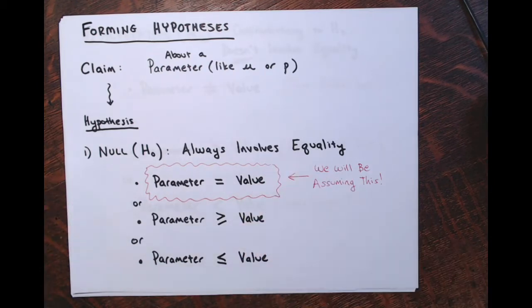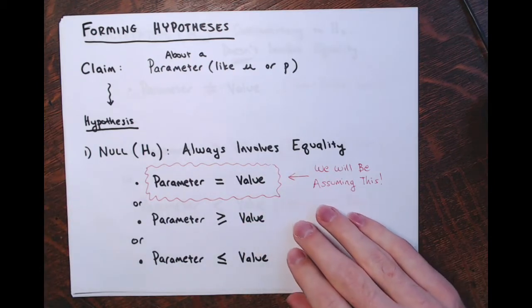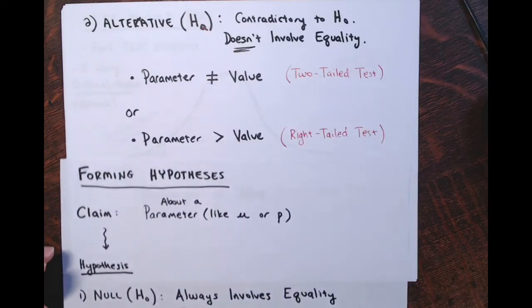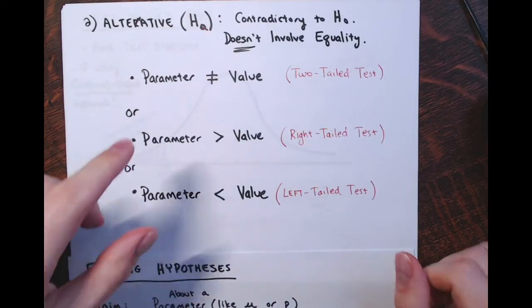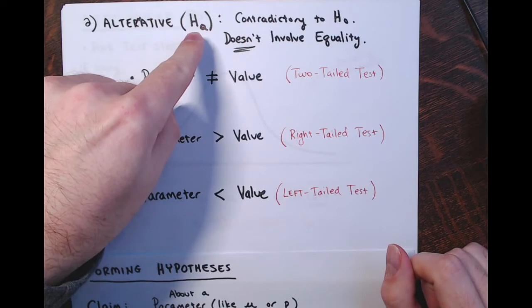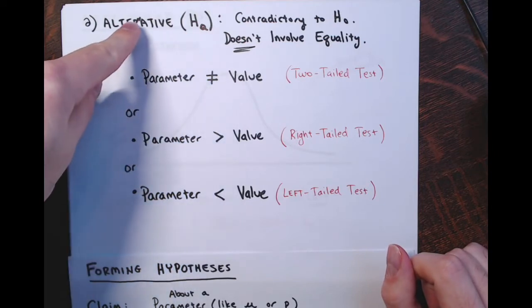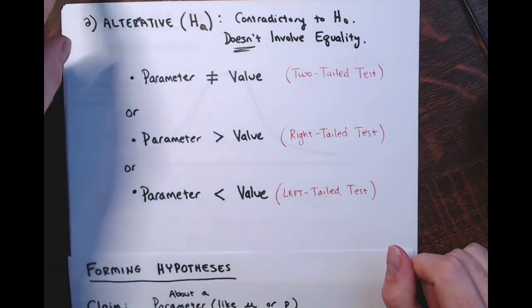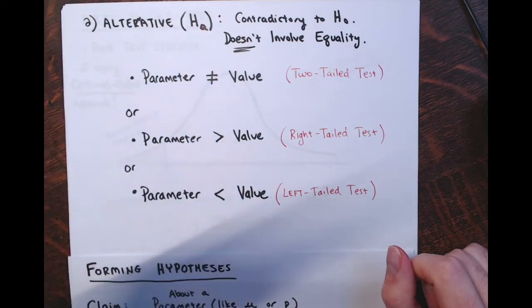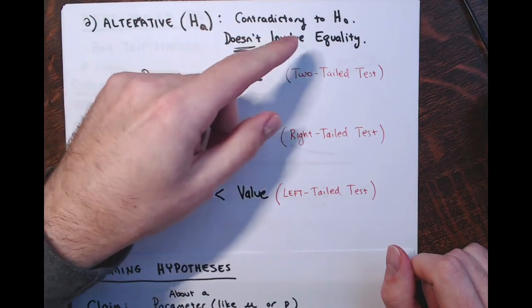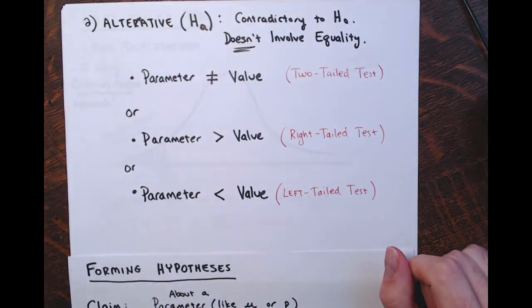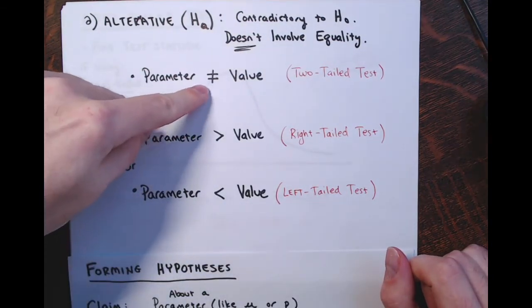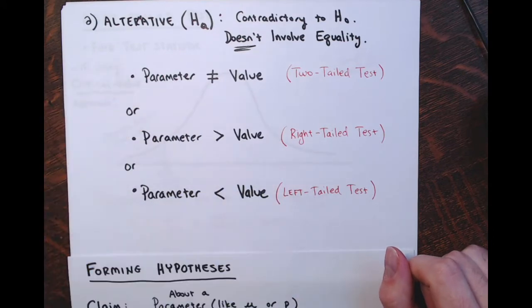The opposite of the null hypothesis, the negation, the contradictory statement, is the alternative hypothesis, HA or H1. If the null hypothesis always involves equality, the alternative hypothesis never does. It has an equal sign with a slash through it, so there's never equality there.